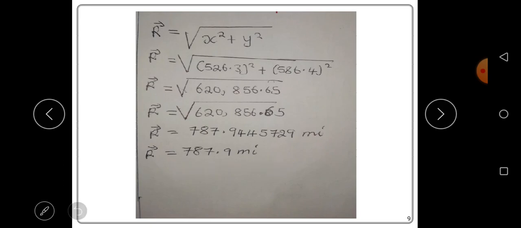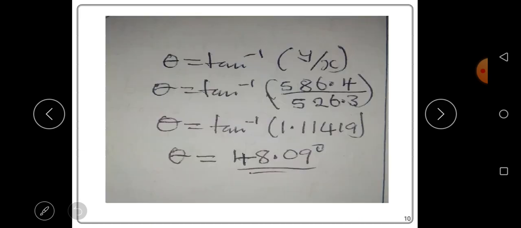Let's also look at the direction of the resultant vector. To find the direction of the resultant vector, you use this equation. Theta is equal to tan inverse y over x. These are just components of the resultant vector. So you replace the y with 586.4 because it is the y component we found from our calculation.